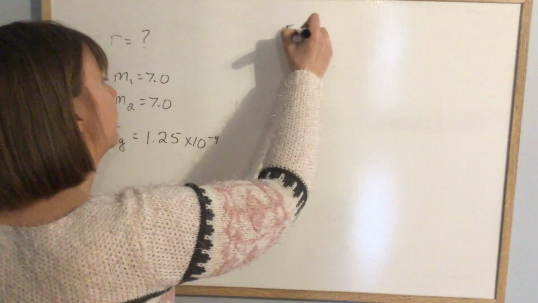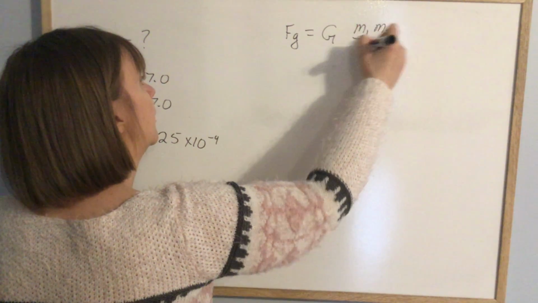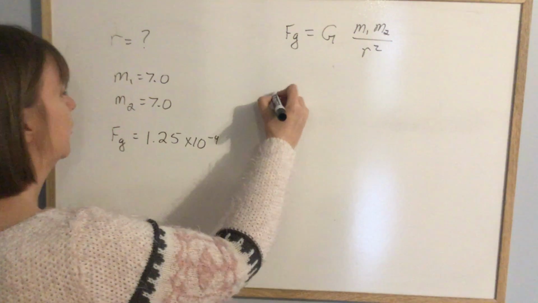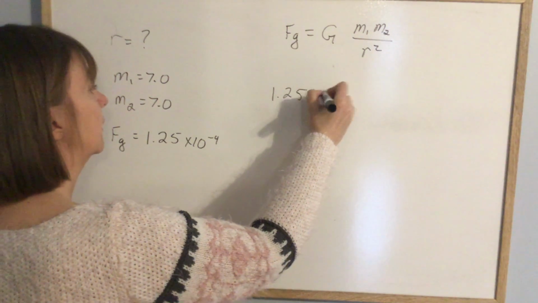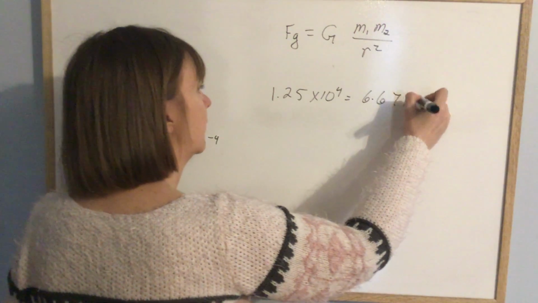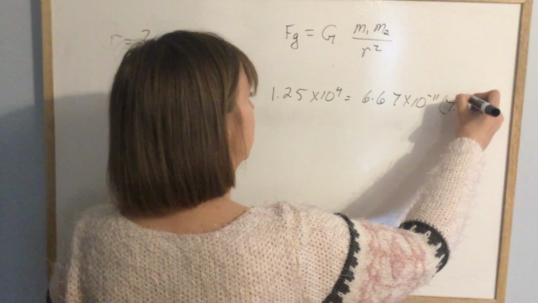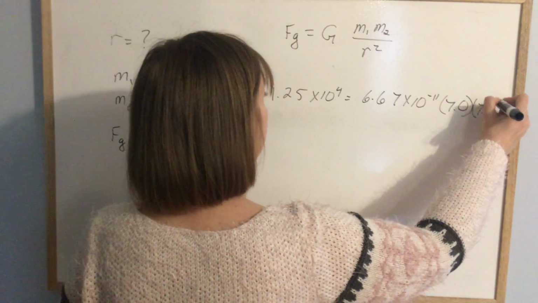So again, force of gravity is G m1 times m2 over r squared. So force of gravity, they actually give me this time. G is 6.67 times 10 to the negative 11th. M1 is 7, M2 also 7.